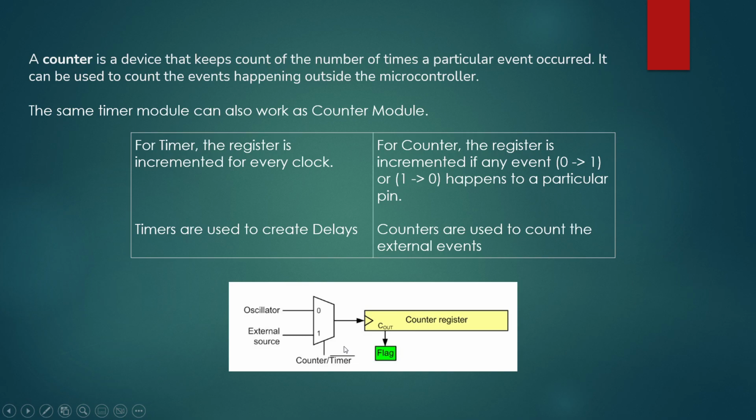Now if we use the value of 1 on this select line, then this external source is selected, and whenever an event happens over here, only then does the counter register get incremented. So then it works as a counter, otherwise it works as a timer.